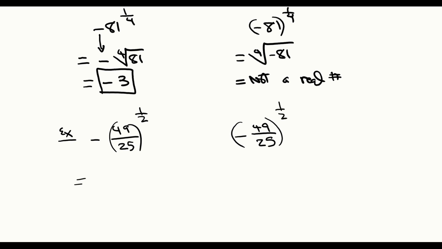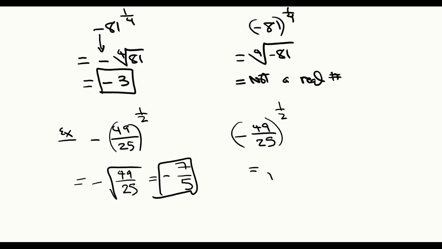So on this side, we know that we will get negative square root of 49 over 25, which, as we well know, is negative 7 over 5. But on this side, we'll get the square root of negative 49 over 25, which once again is not a real number.